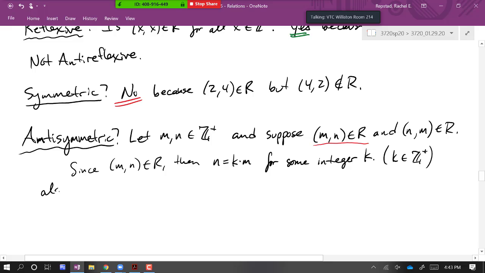Also, since n is related to m, that's the other thing that we're supposing, then m is a multiple of n, so m is some integer, I'll call it j, times n, for some positive integer j.